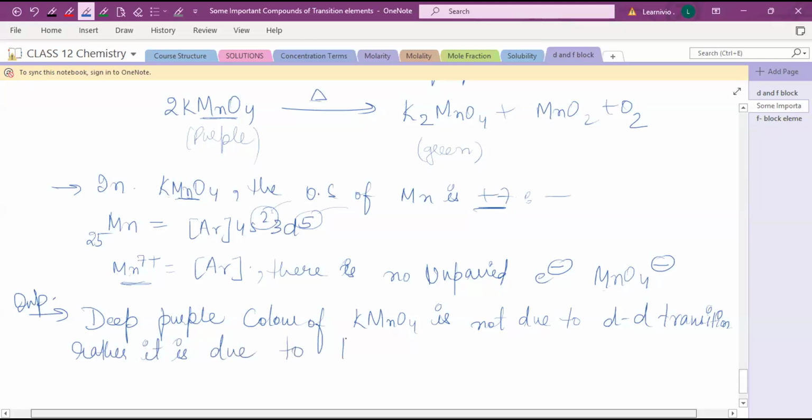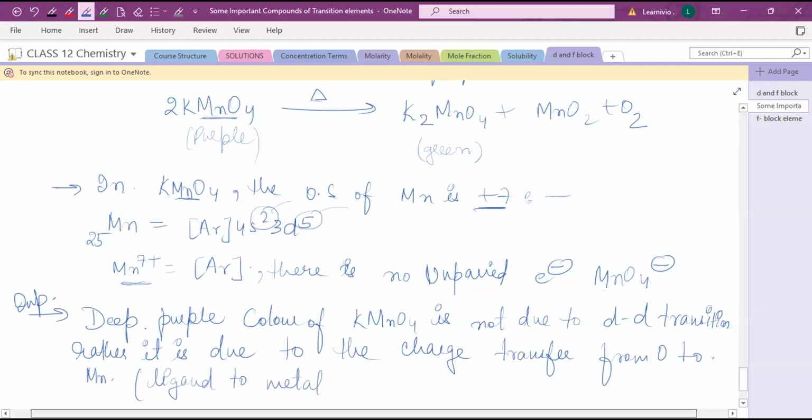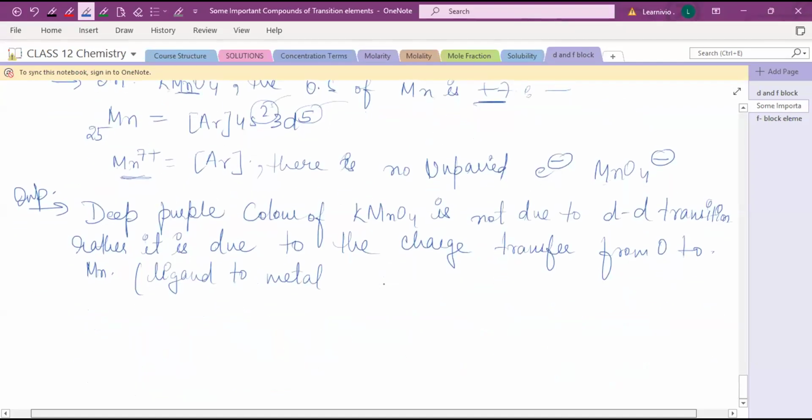It is due to the charge transfer from the oxygen of KMnO4 to manganese. So you can write here in brackets: ligand to metal charge transfer. Why is there an intense deep color of KMnO4? Because it has no unpaired electrons, it should be white in color. So why is it a deep purple color?